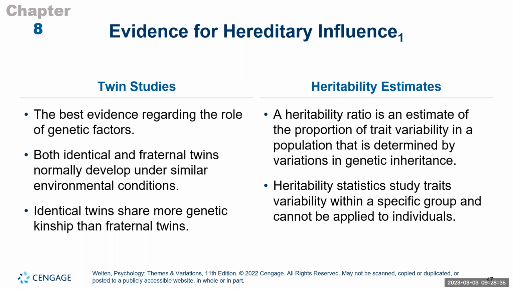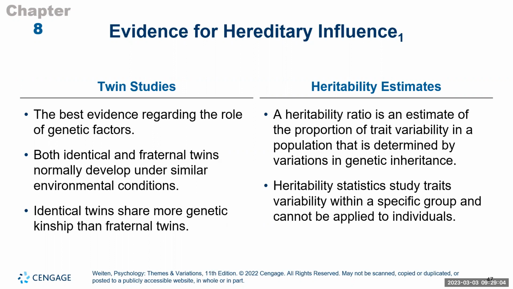So when we talk about heredity, you have to use twins. Oftentimes, twins are the best individuals to study, especially when we're talking about intelligence. With identical twins, their genetic makeup is absolutely the same, right? And with fraternal twins, 50% of their genetic makeup is the same, right?